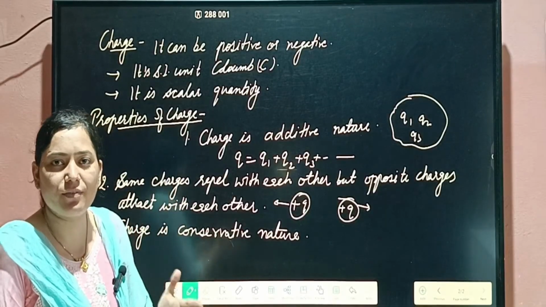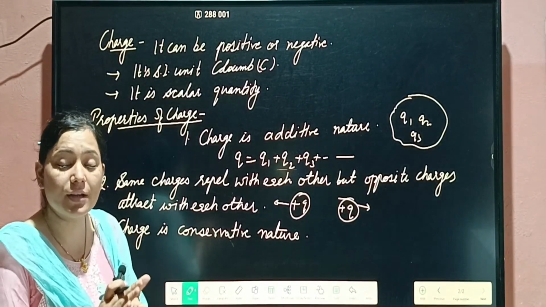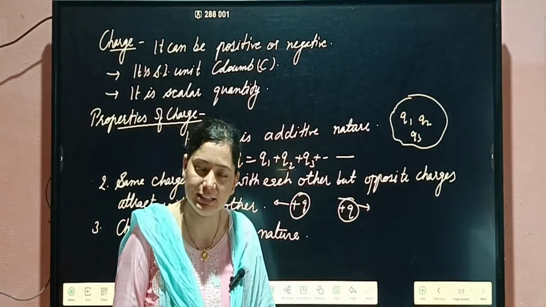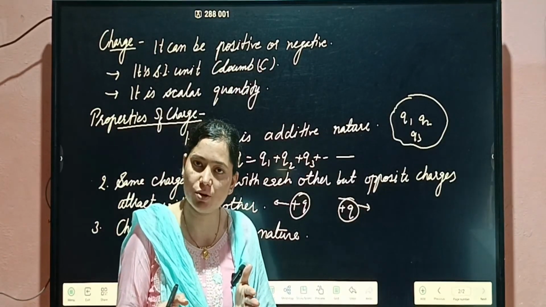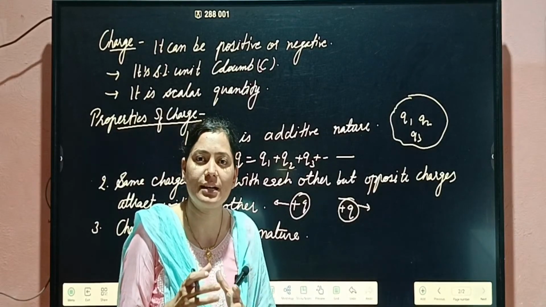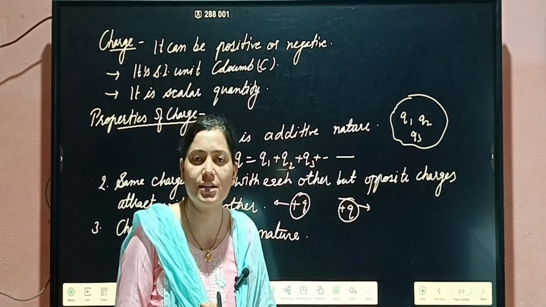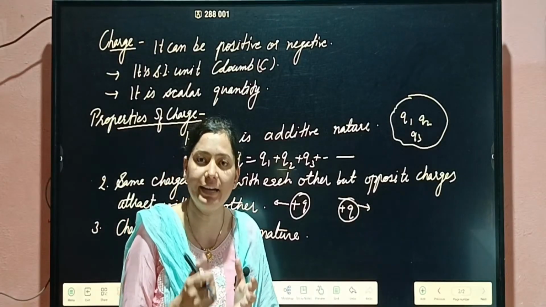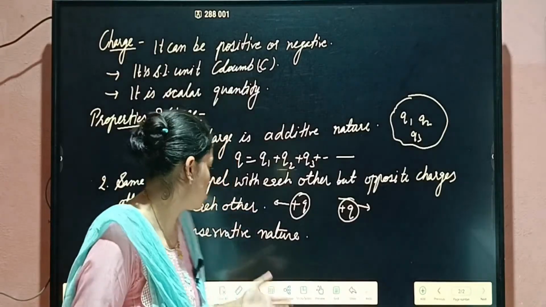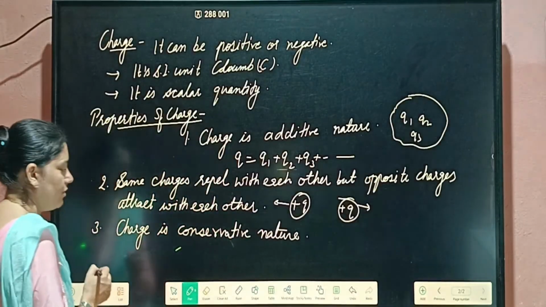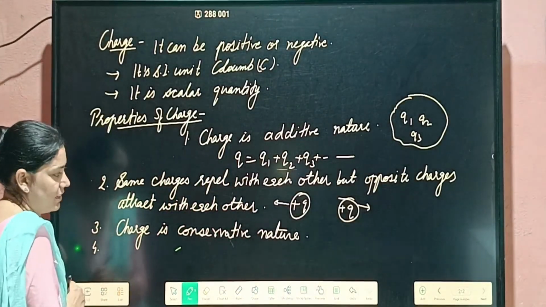We can transfer it from one form to another form. If we are rubbing two objects with each other, charge is transferred from one body to the other body. This phenomenon, the transferring of charge from one body to another body, is the induction of charge. We are inducing the charge on another body. So charge follows conservative nature.